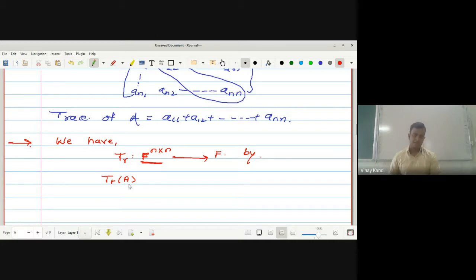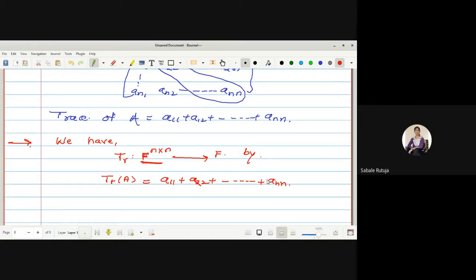So here for the matrix A, the trace of A is equal to what is given to us, a11 plus a22 plus up to so on ann. Okay, any doubt? No, sir.